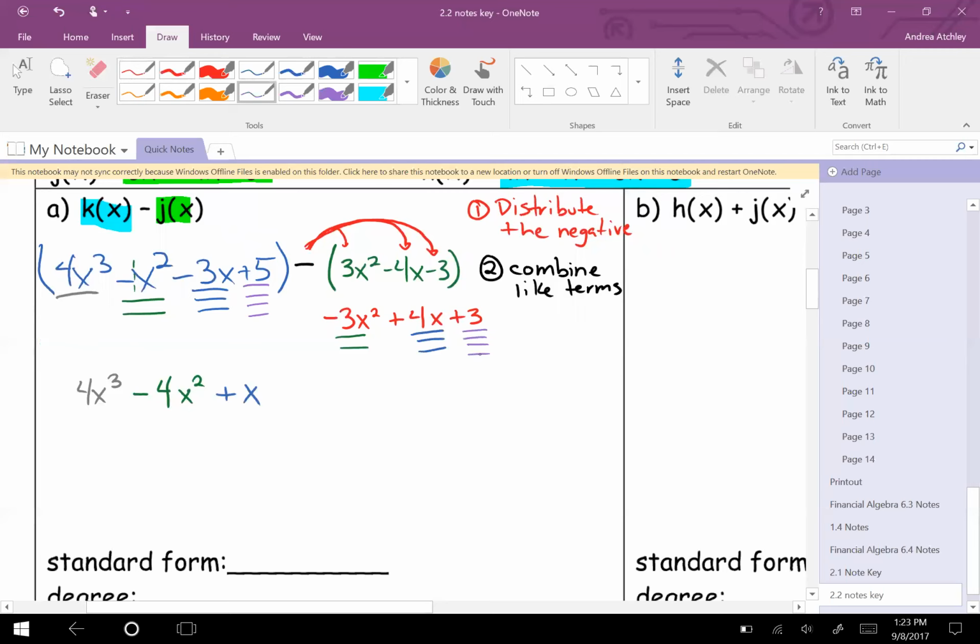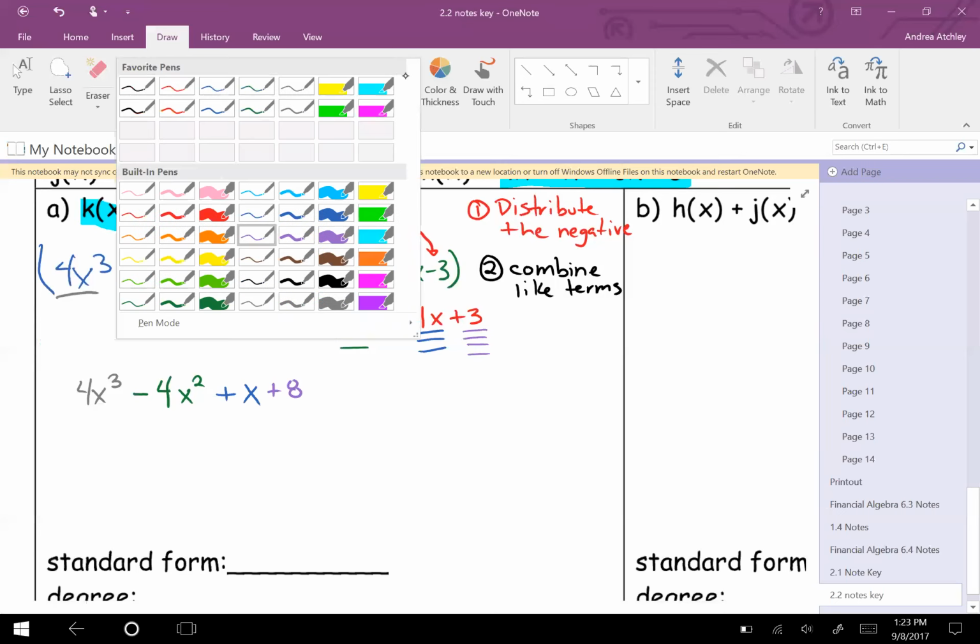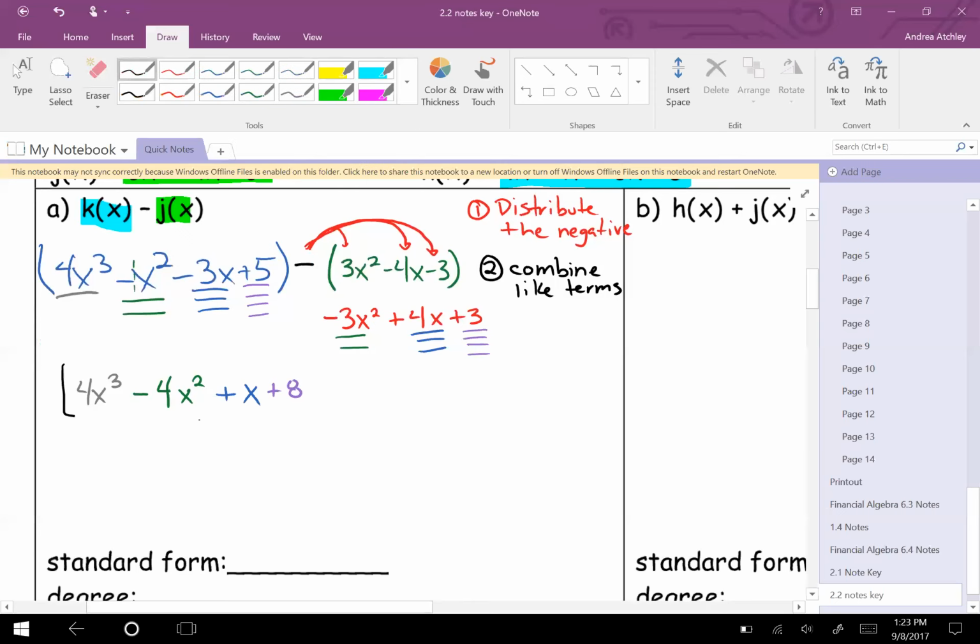They're the same sign, so I'm going to add them and get 8. And that is my new function after I add those two other functions. And that is in standard form because it goes from the biggest exponent to no exponent.